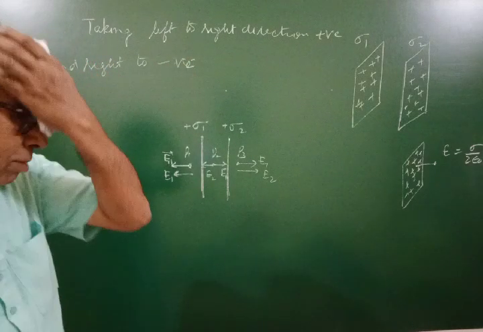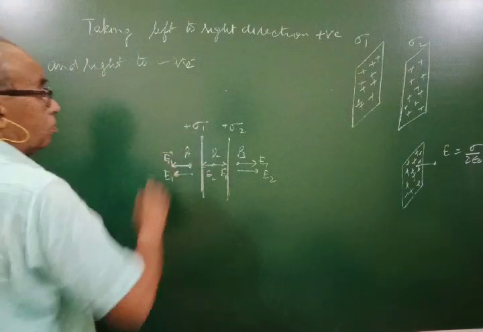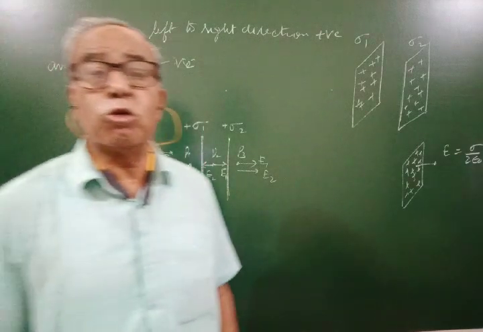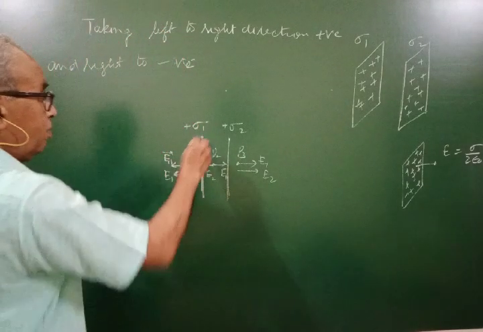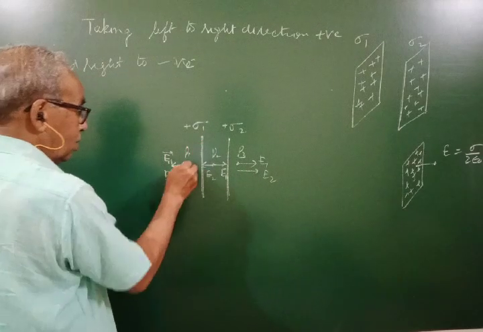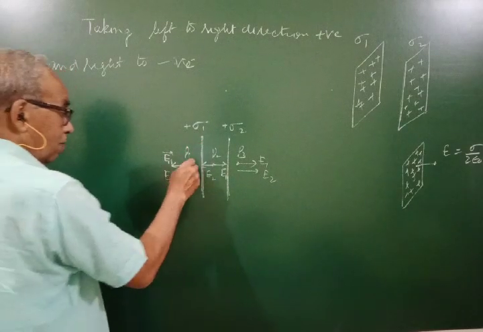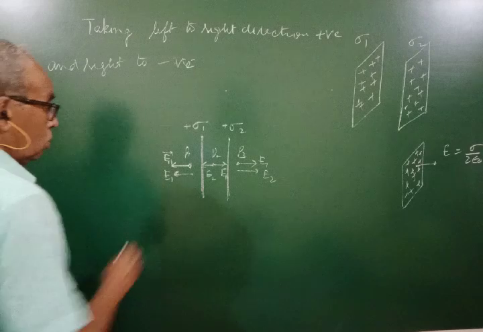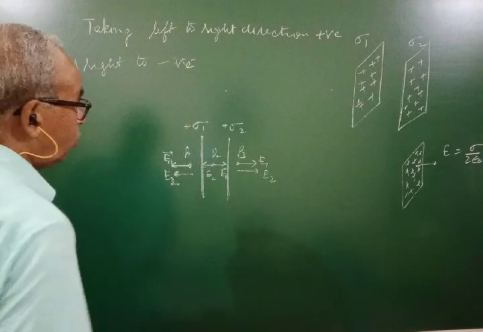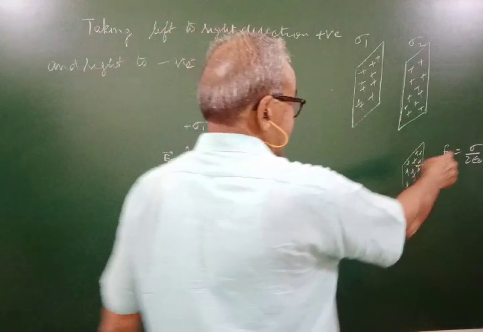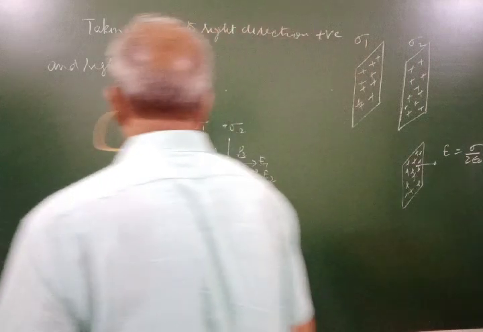The direction of electric field is the direction of force on a positive charge. If this plate has positive charge, then if we place a test charge positive, it will repel. So here two fields, and the field due to a single plate is sigma upon 2 epsilon 0.